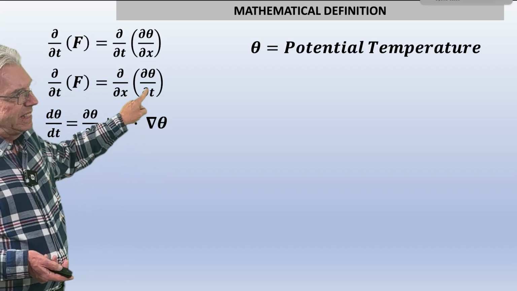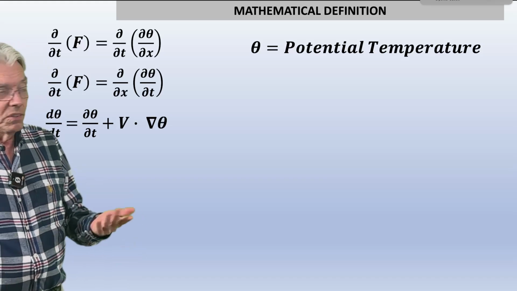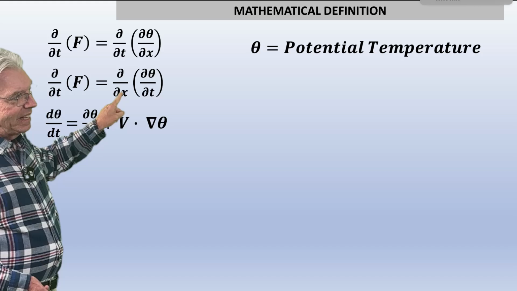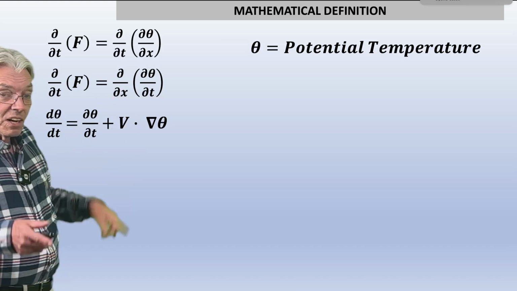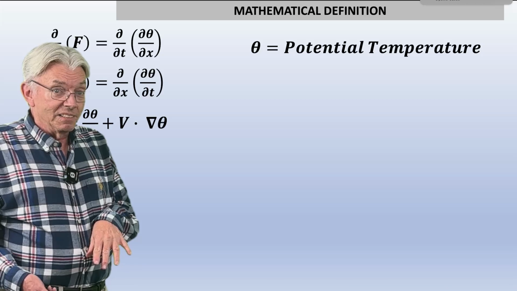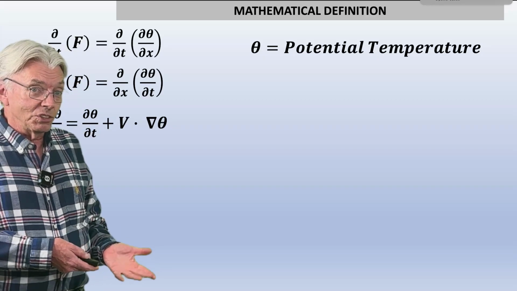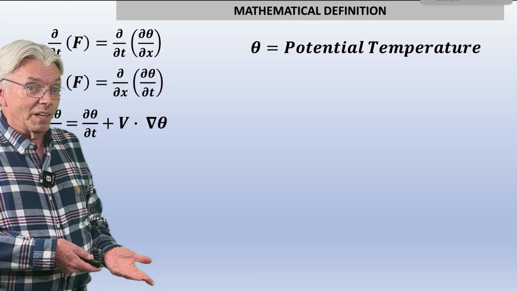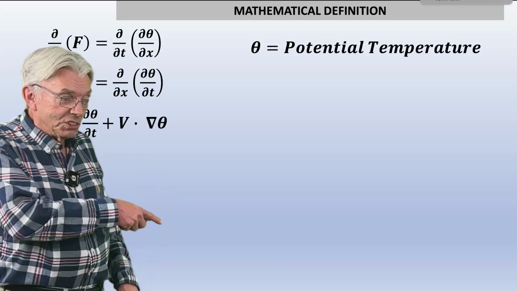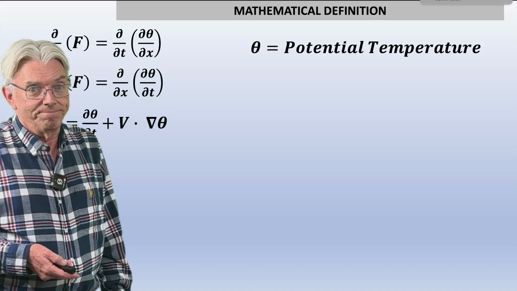So d theta dt would be 20 degrees. It changed 20 degrees over 3 or 4 hours. And then we're looking at how that change is changing along the x-axis. Maybe one place is cloudy and d theta dt is not that big, but at another place where it's sunny, it is. So we're looking at how the local change at a given point is changing along the x-axis, or along a certain distance, okay?